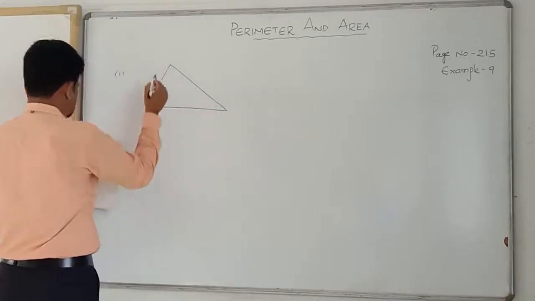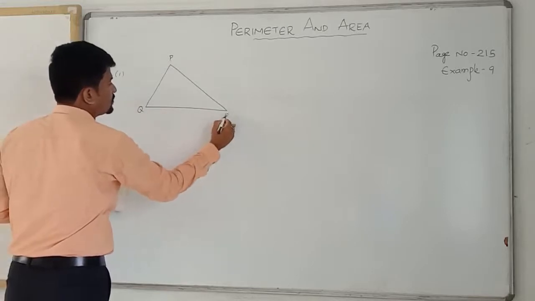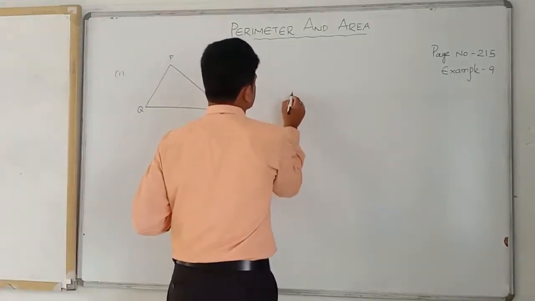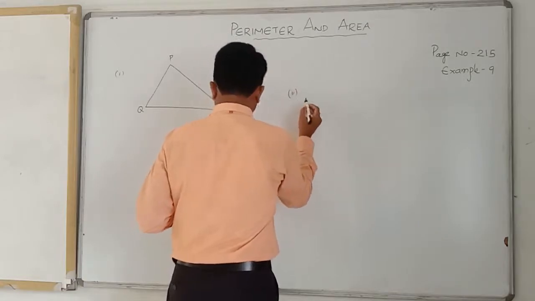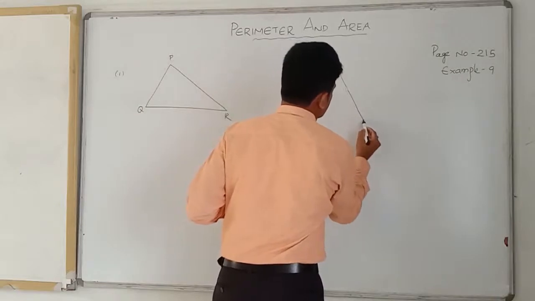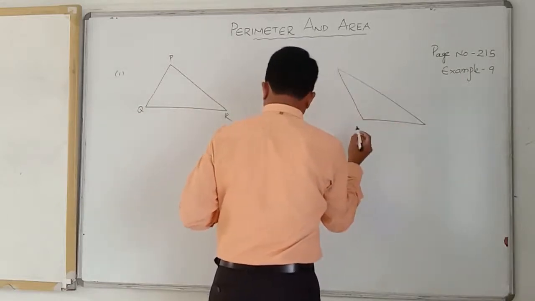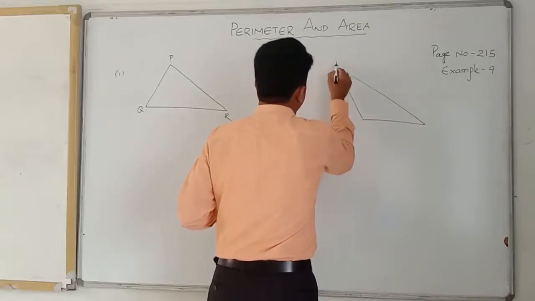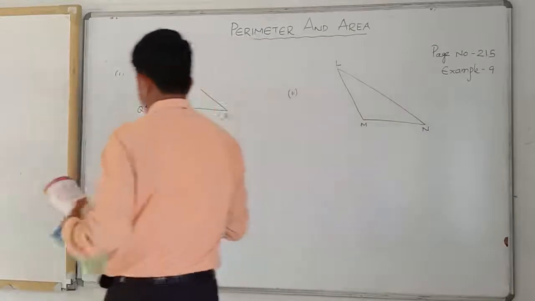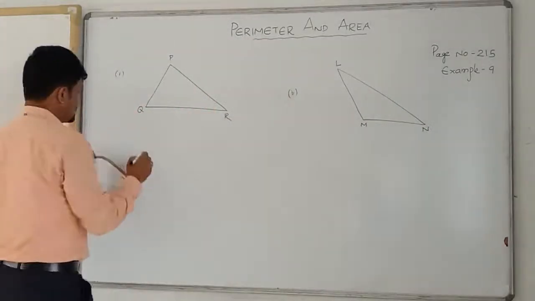This is P, Q, R, and the second diagram is given like this, L, M, N. Actually, some measurements have been given here.